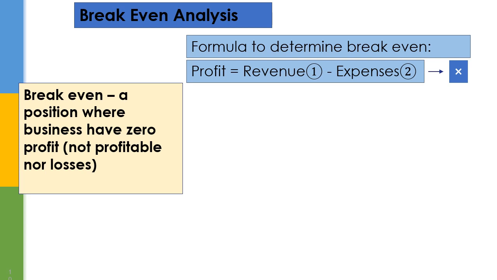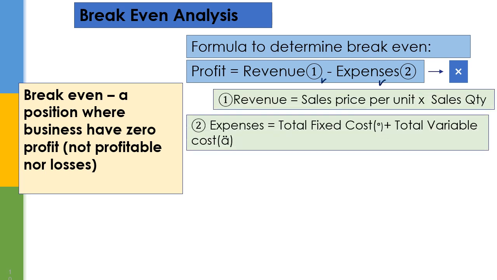The formula to determine break-even starts from this equation: profit equals revenue minus expenses. Revenue is calculated as the sales price per unit, in RM, multiplied by the quantity sold. And the expenses are total fixed cost plus total variable cost.